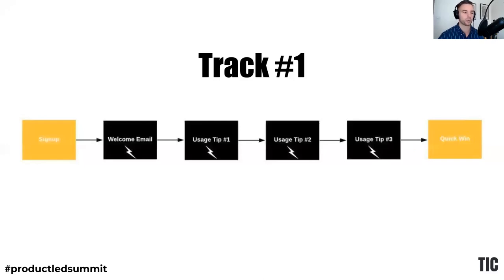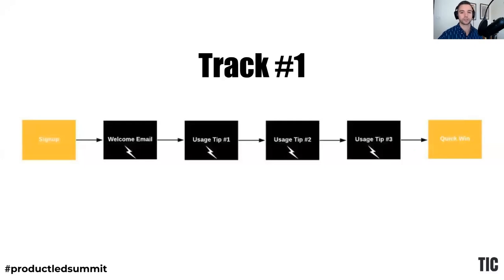Okay, Tom, we sent him the welcome email, but we do not send him any of the usage tips because he's already done all those items. And so user onboarding track 1 can be really, really quick. You might not even send any emails with the exception of the welcome email to some people, but you have to have it for the people that just sign up and then don't actually use the product.